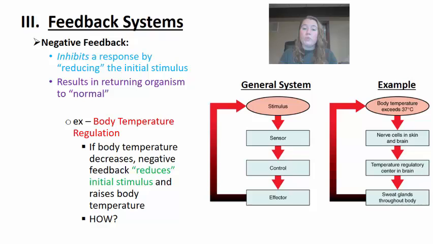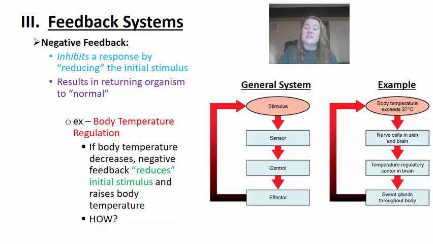Now the control would be the regulatory center of your brain. That's where the decision's made of what to do about sensing that we're too warm. So your control makes the decision to send a signal to the effector, which would be the sweat glands throughout your body. And the effector is what actually makes that change to reduce the impact of that initial stimulus.